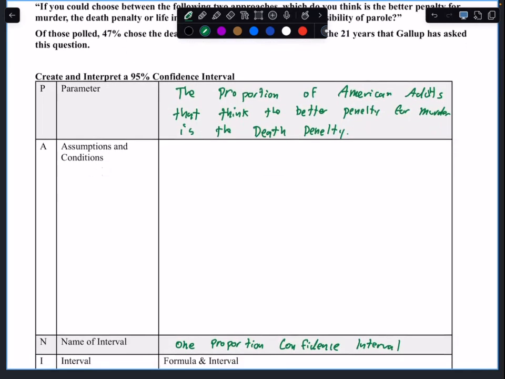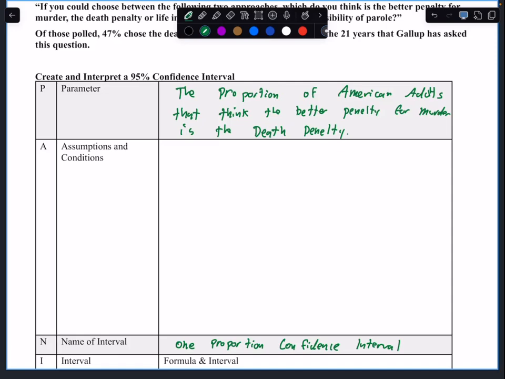So that's what we're trying to figure out. So if you had to choose which one, someone would commit murder, should they get the death penalty or life imprisonment? That's what this problem is about. So we want to know, what is the proportion of American adults who prefer the death penalty?